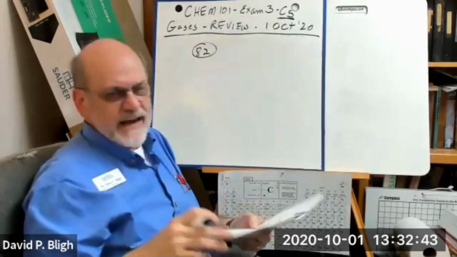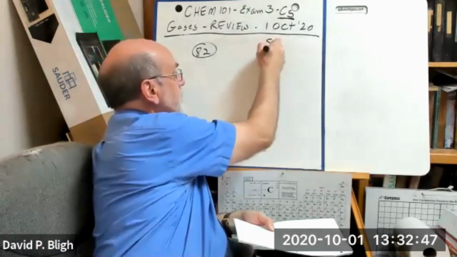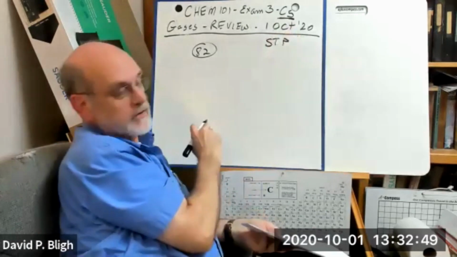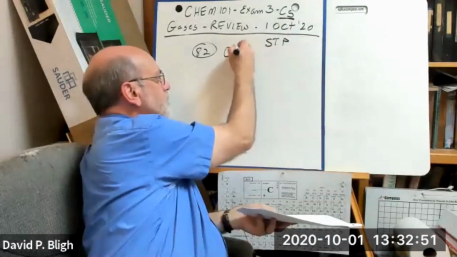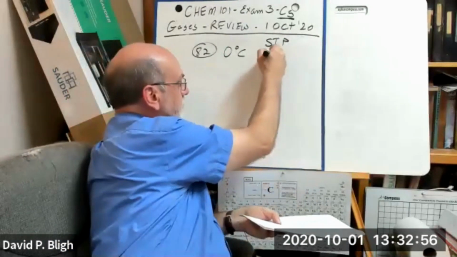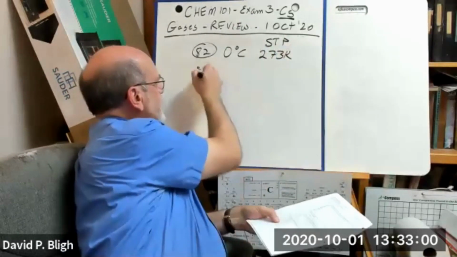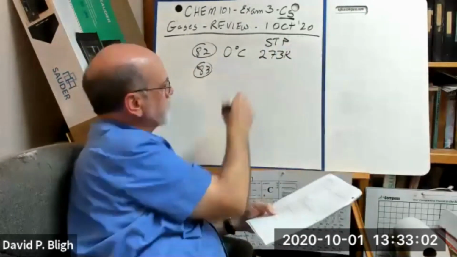82. What's the standard temperature for a gas? Right, when we say STP, standard temperature and pressure, standard temperature for a gas is 0 degrees centigrade, which would be 273 K. And then the standard pressure, which is 83, is 1 atmosphere.